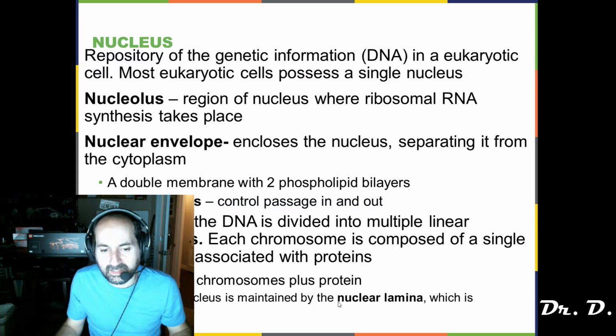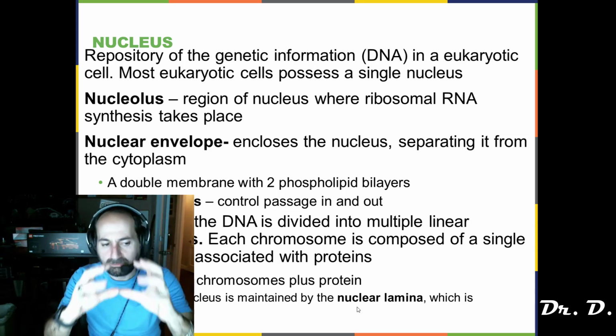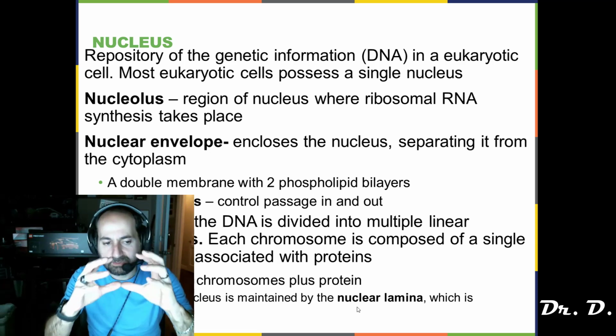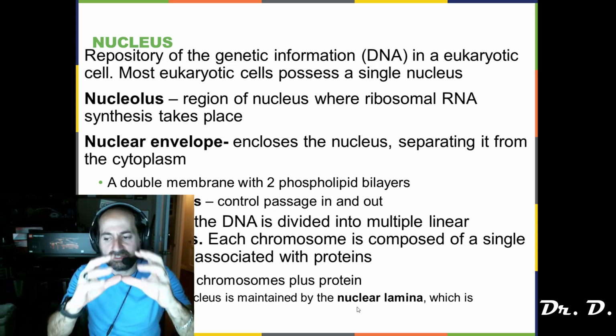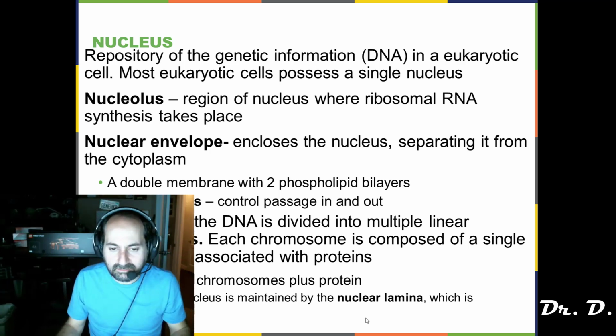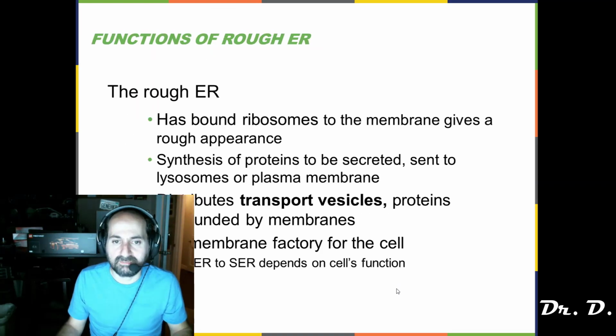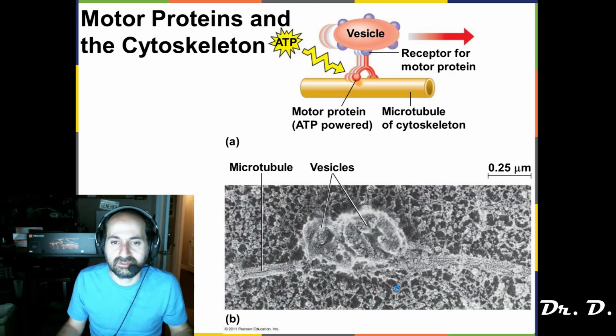I told you at the bottom that the nuclear lamina is a structure around the nucleus that gives structure and support. It basically maintains the shape of the nucleus. That's called the nuclear lamina. And now we know, what is the nuclear lamina made out of? It's made out of intermediate filaments. So that's good to understand.